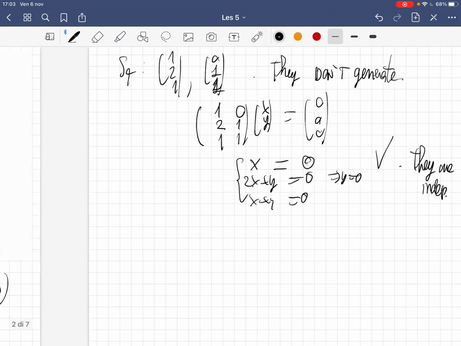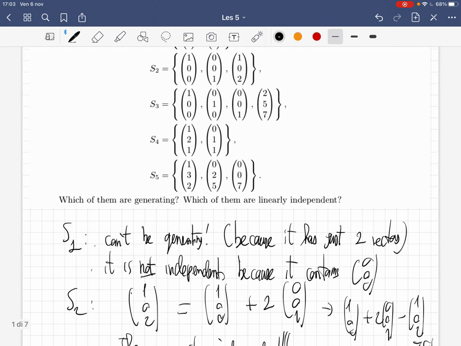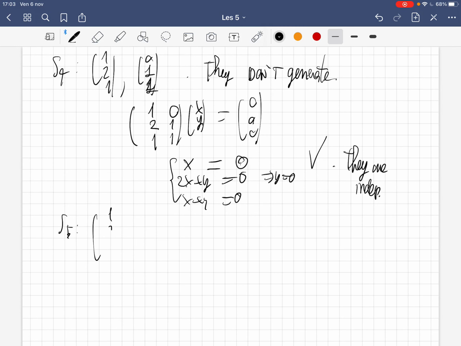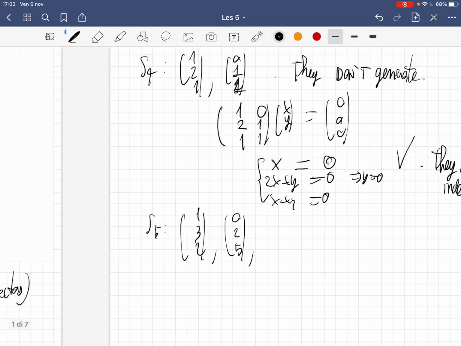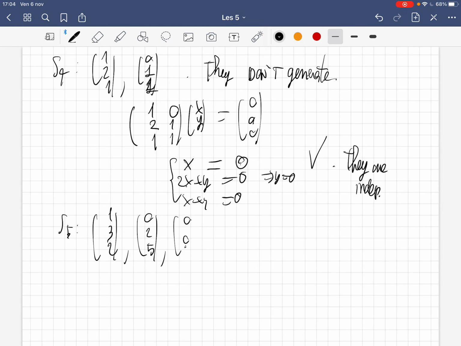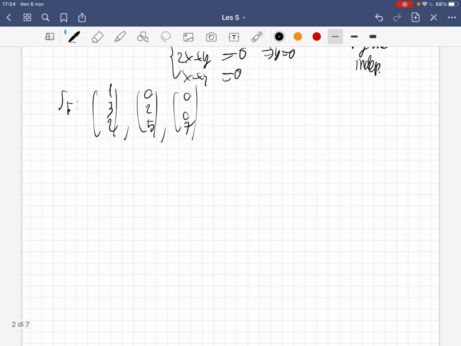And what about the last one? So S5, which is (1,3,2), (0,2,5), (0,0,7). Okay, let's recall that as we observed before, if there are 3 vectors in R3, they are generating if and only if they are independent. So we can look at this matrix, or you can try to solve this system.